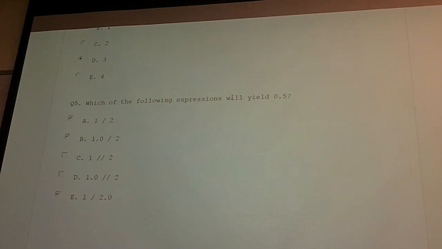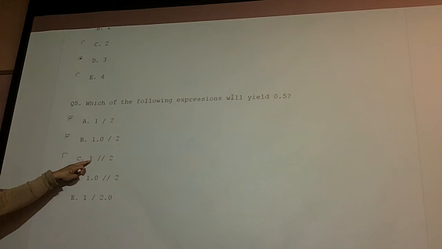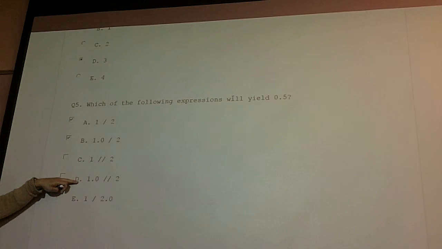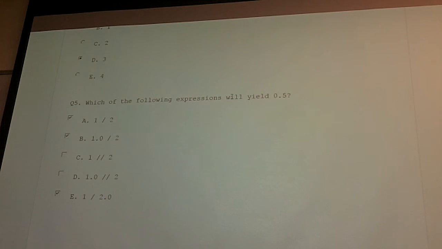So this won't give you 0.5. What would this give you? C and D? 0. Why 0? Because it gives you only the integer part. 0.5 is the result, there is a fractional part. There are three answers that are correct.